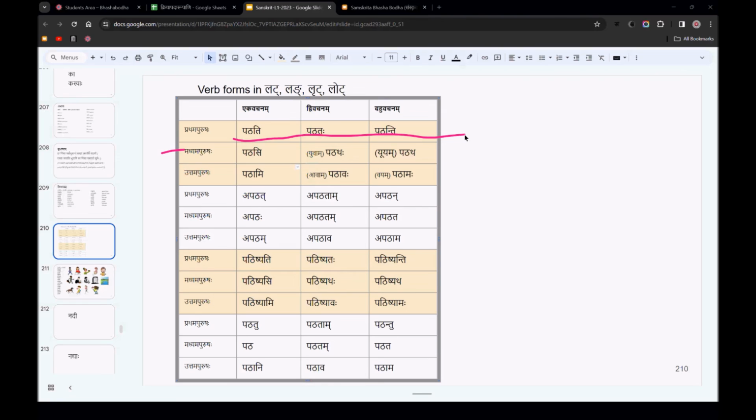That is clear. But who is the other third person reading? That is not clear. So if there is no previous context, then we need the noun there. Simply saying Patati doesn't make clear who is reading. That is something to understand. Right? We can stop here today if you don't have any questions.